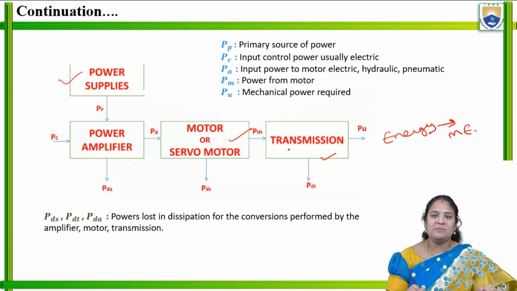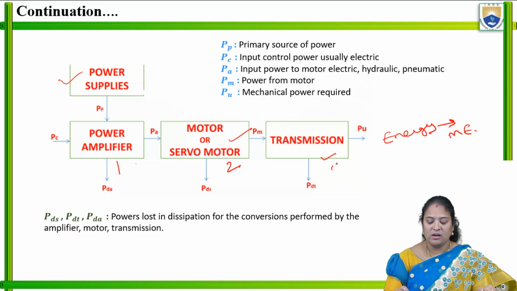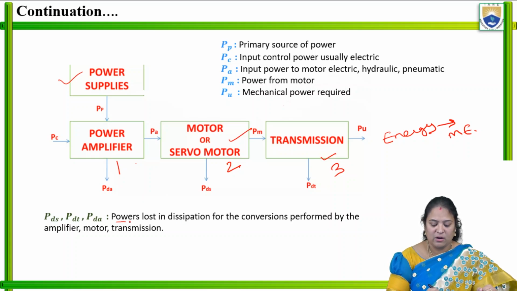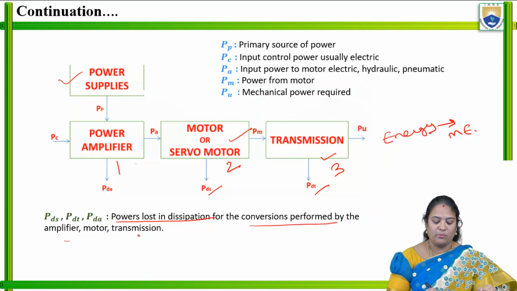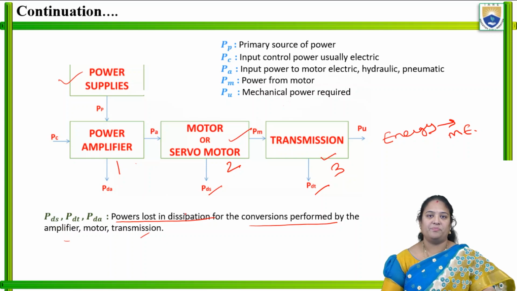From all these three sources, that is the power amplifier, the servo motor, and the transmission, there will be some losses. These power losses from the amplifier, the servo motor, and the transmitter are sent out as losses for the conversion performed by the amplifier, motor and the transmitter.